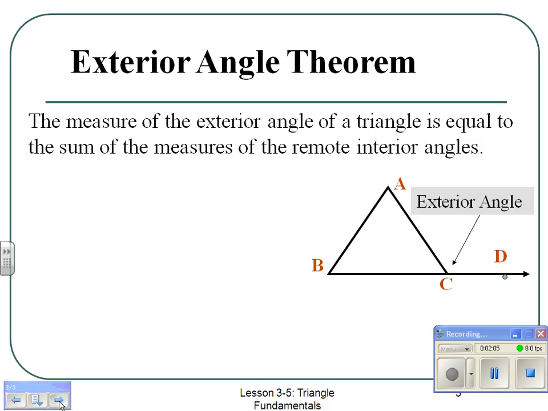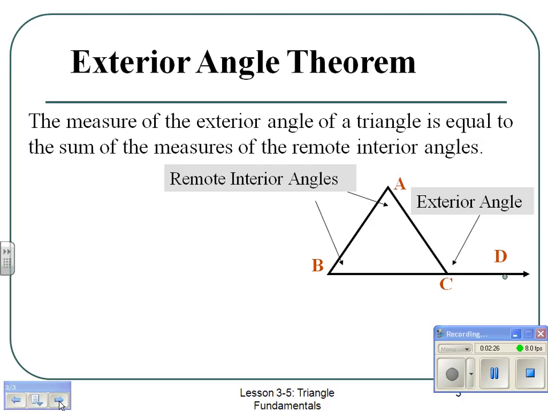Your exterior angle is between the line and the side of the triangle that's extended past the vertex C, and that is on the exterior of your triangle. It is a linear pair with the angle at C on the inside.